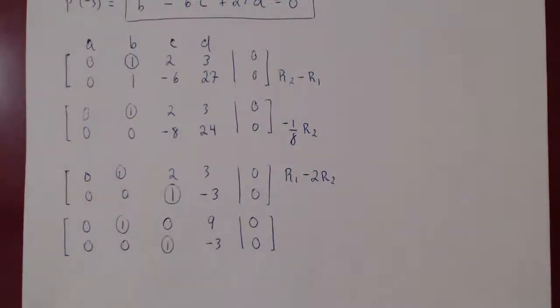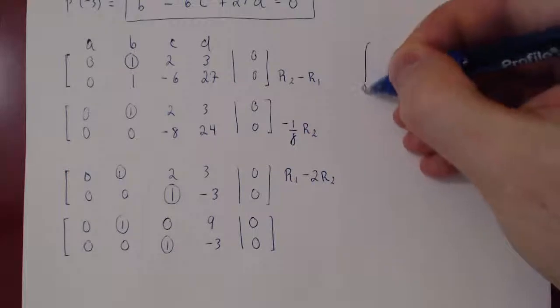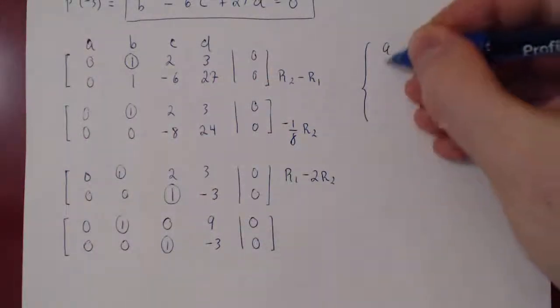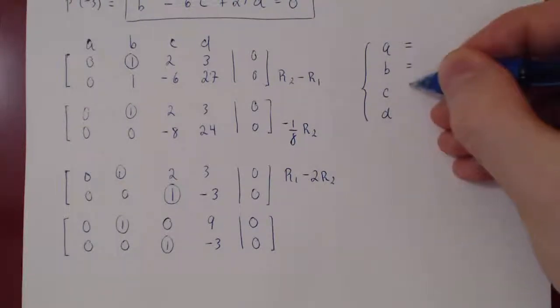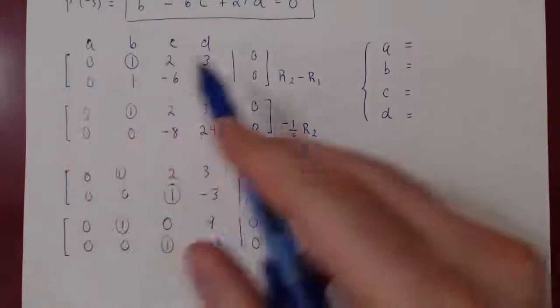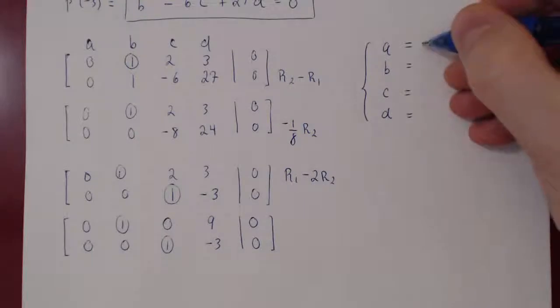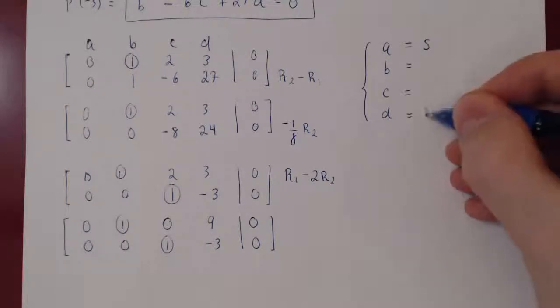We can write the complete solution set. Let me write this here. We had our 4 coefficients, a, b, c, d. As you can see, a and d don't have leading ones, so they are free variables. Say a is s, d is t.